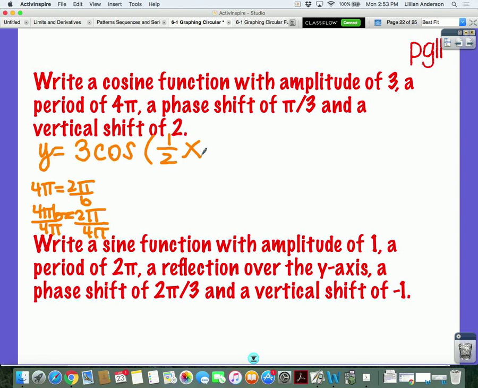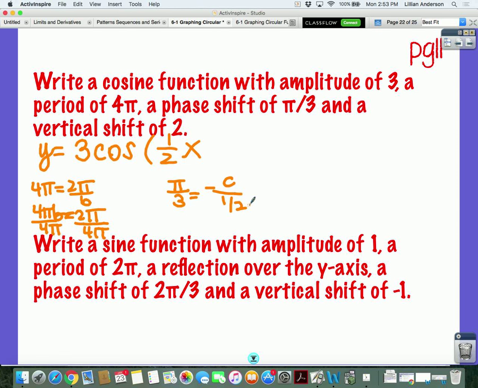So if you did do pi over 2 for your b, it's going to affect your phase shift because you have to use b to find c. But hopefully you set pi over 3 equal to negative c over 1/2. Now negative c over 1/2, that is a fraction within a fraction.